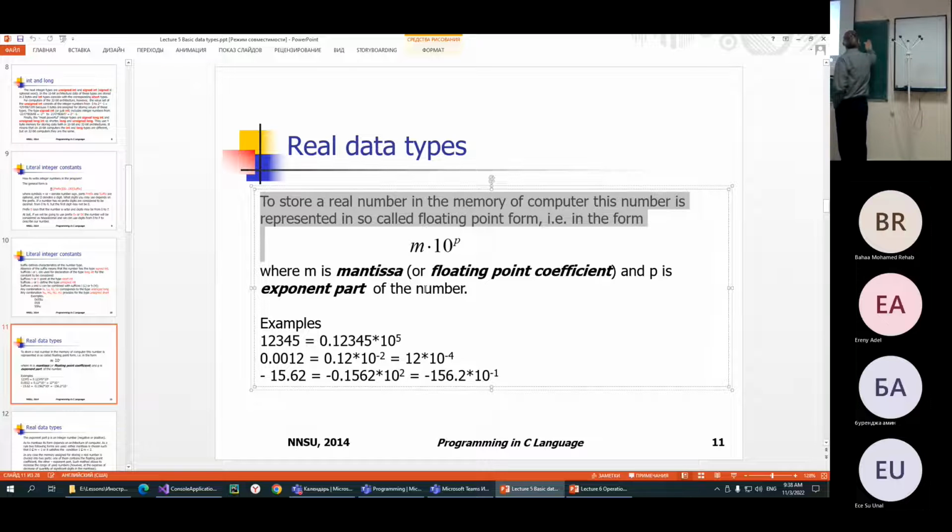But for example, if I write here 2.3, what should I write? 23 multiplied by 10 to the power minus 1.